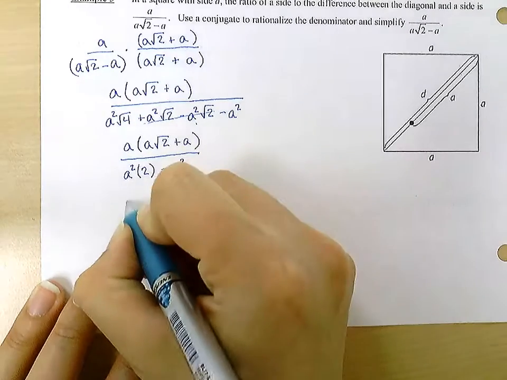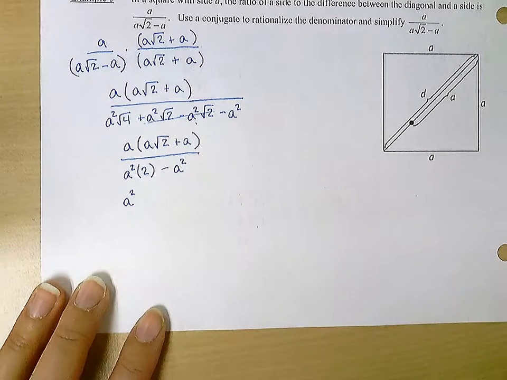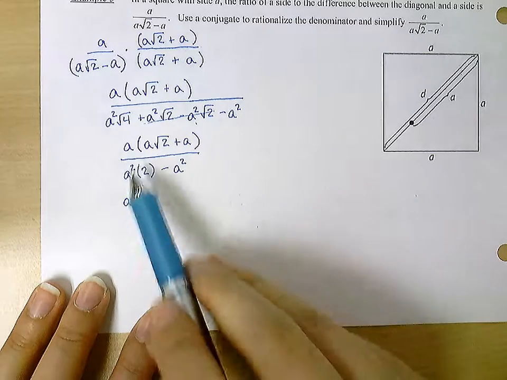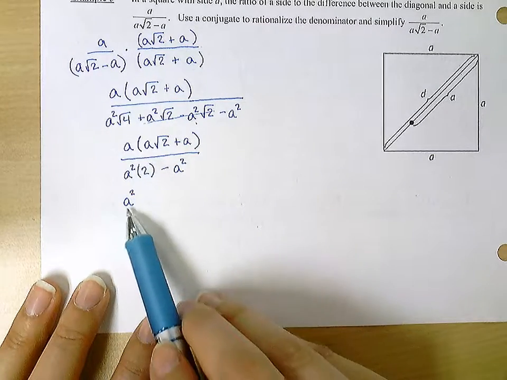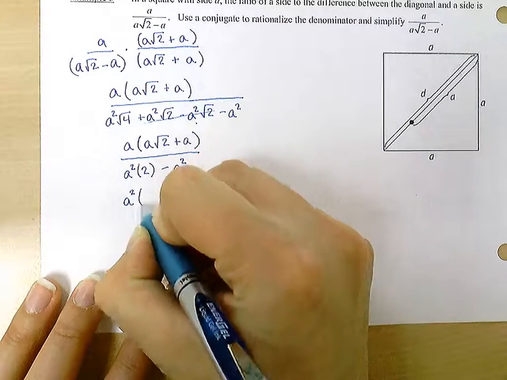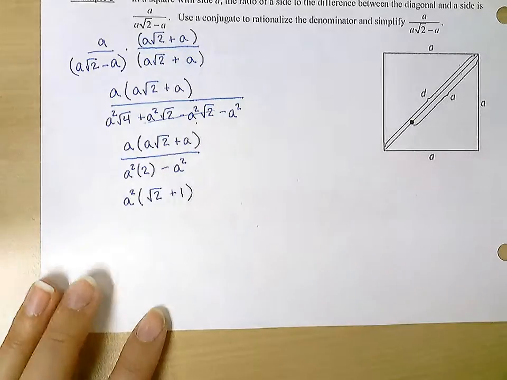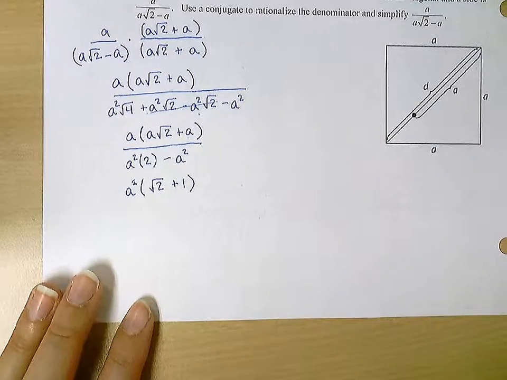When I do that, I end up with a squared on the outside. Because I have an a, I factored out an a, so I have a times a, which is a squared. Now left on the inside then, I would just have square root of 2 plus 1. So I took an a out, it's in the front now.